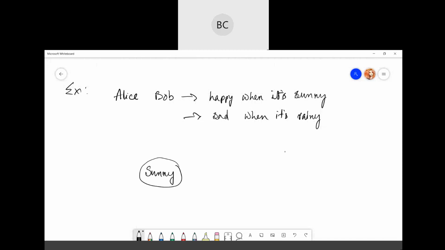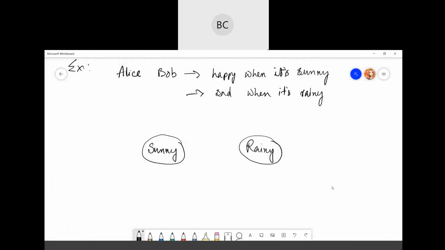So we can represent it something like this: maybe sunny is one node and rainy is another node. Bob's mood basically depends on two events, sunny and rainy. Bob is happy when it's sunny with 0.8 probability, meaning the probability that Bob is happy and today is sunny is 80%.